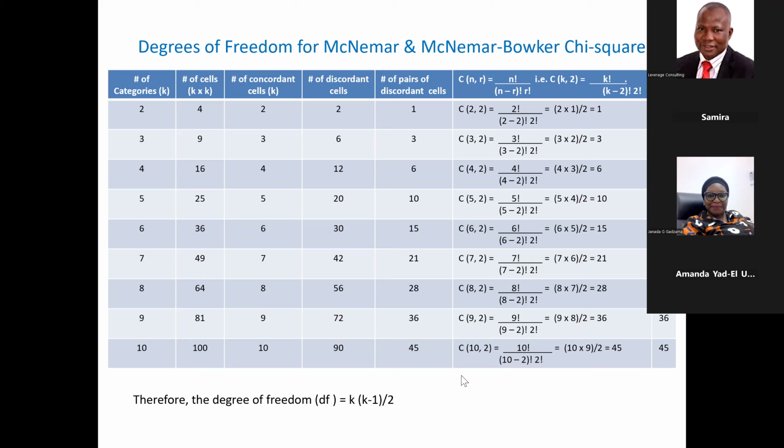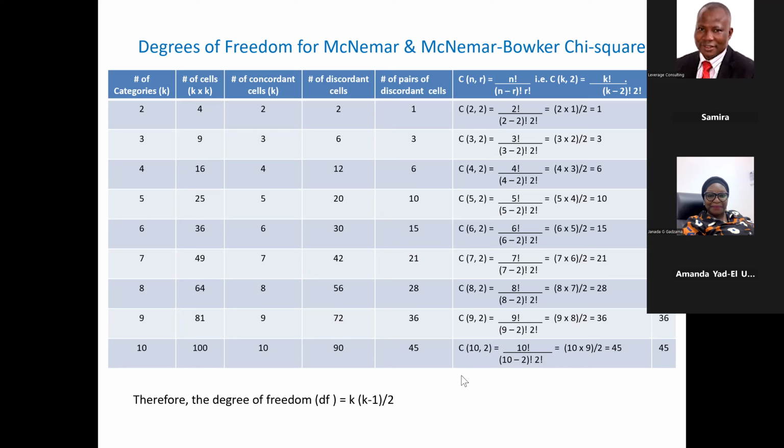So that's the way we work it, just for you to see how we calculated the number of pairs of discordant cells. That last column describes how you can calculate it, but that's for calculation. In real life, when you draw the table, you'll even be able to count it.